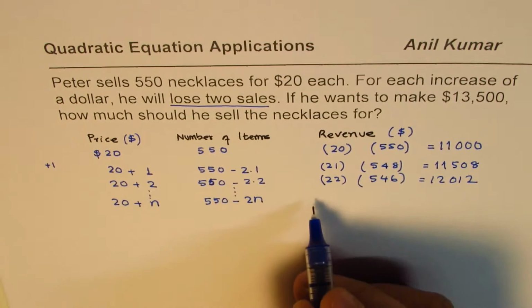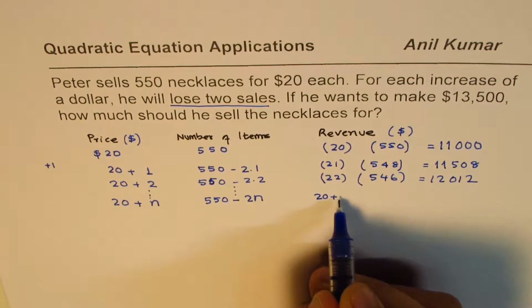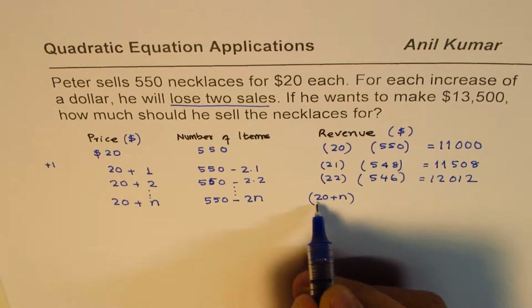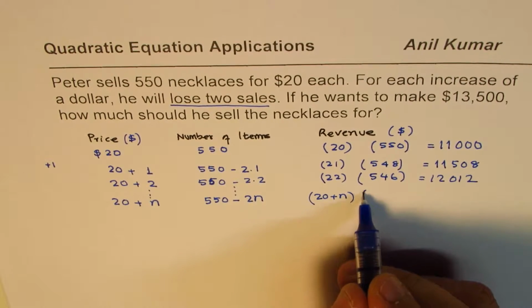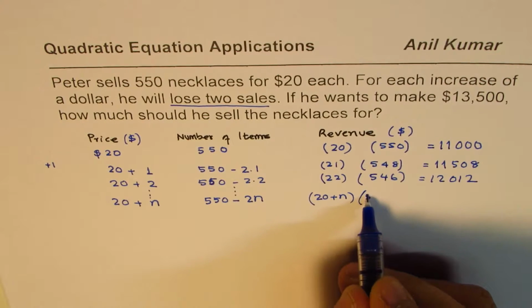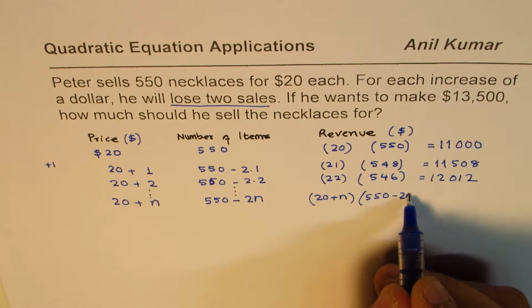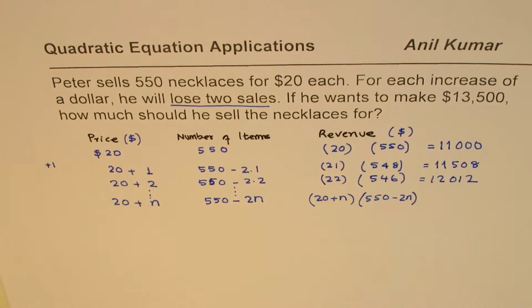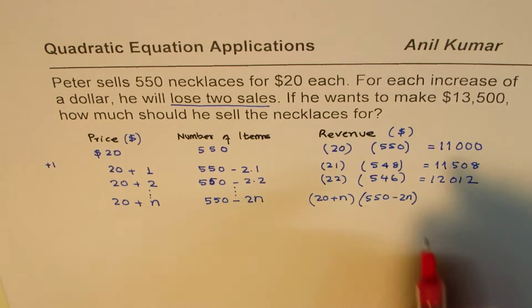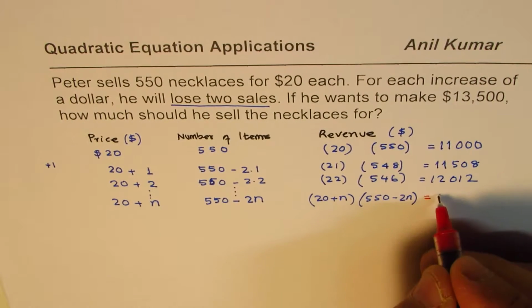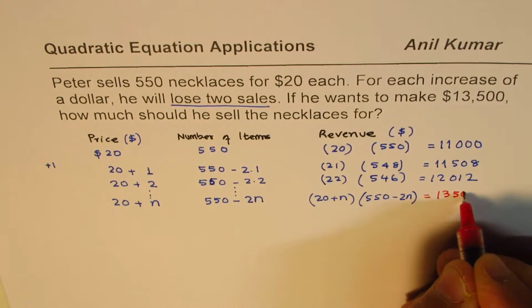In this case, the revenue will be 20 plus n, that is the price which we have increased by, times the number of sales, which reduced of course. Somehow we have to make this equal to 13,500. Do you understand?